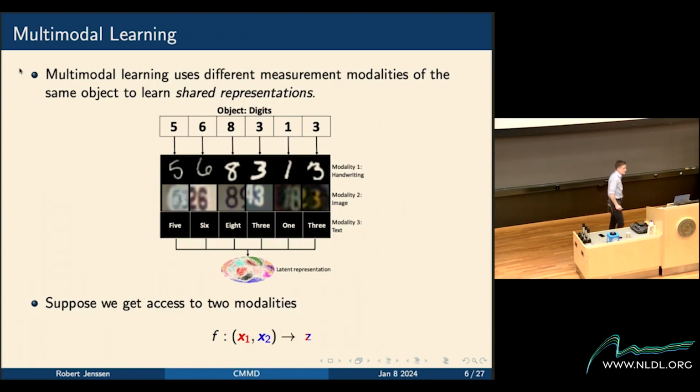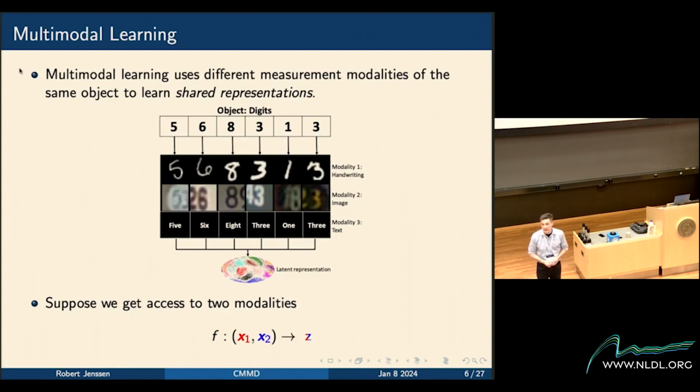And you can see here that, for instance, in this particular figure, there's this latent representation. You could think of the colors here as just describing particular objects in a way. And the objects in this case would be digits.